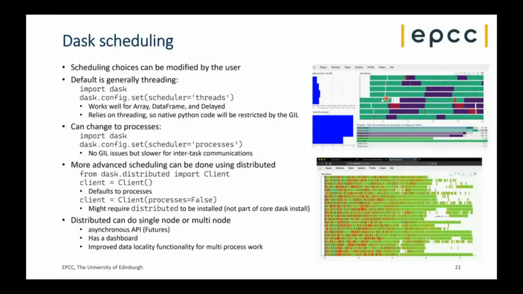So there are some examples on the right-hand side of the dashboard showing the task screen and the scheduling from a Dask program running on a system like ARCHER2, where we can see what tasks are running, how many workers are being used, how much memory is being used, and those kind of things, which can be quite nice.